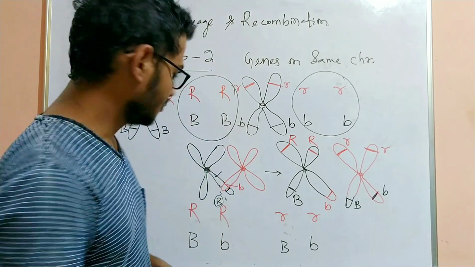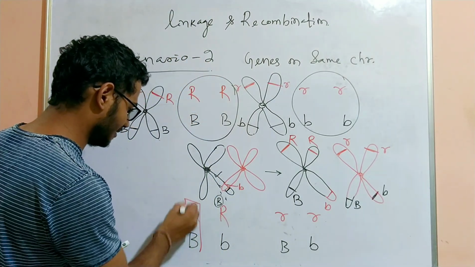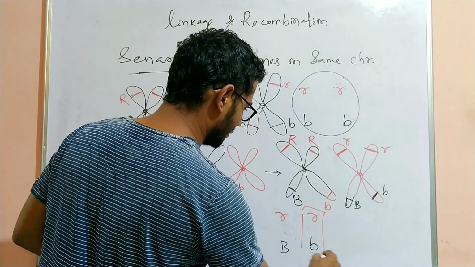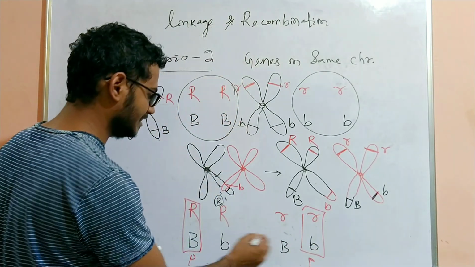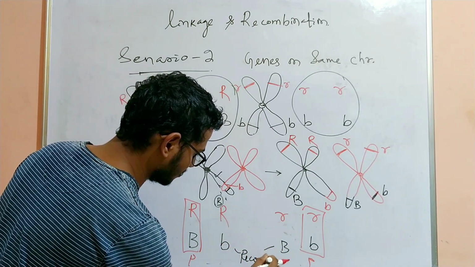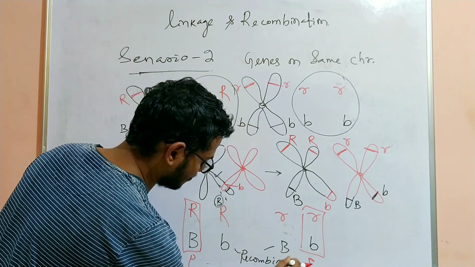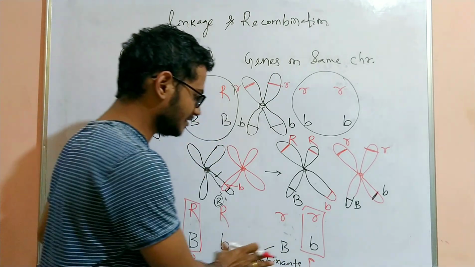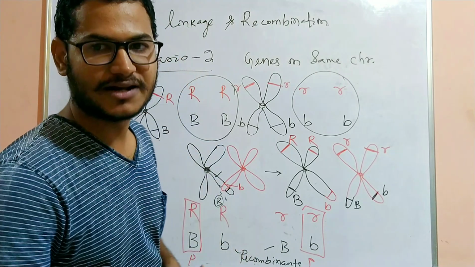This will happen after crossing over. So this is the parental character, this one is also parental gamete, but these two are recombinants. Clear? So these are the two recombinant variety.